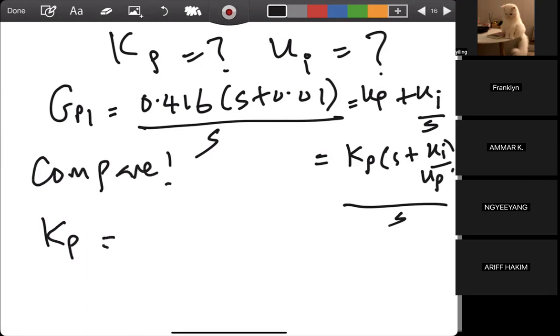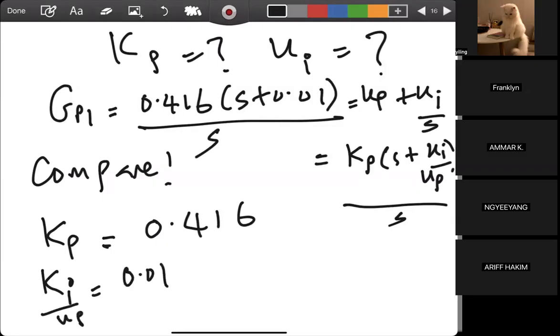So straight away, you compare. Aina, can you help me? Compare. Kp equal to 0.416. Kan? Ki over Kp is equal to 0.01.